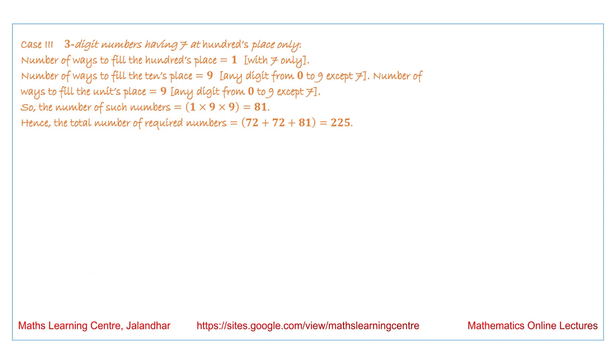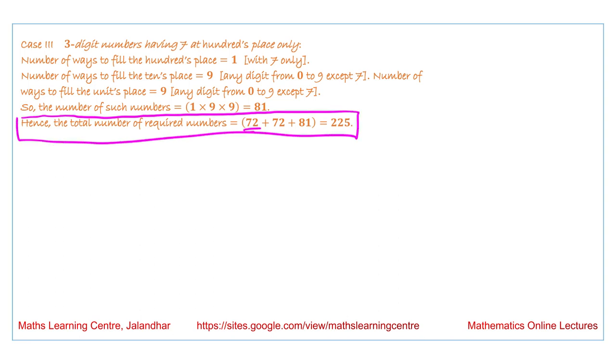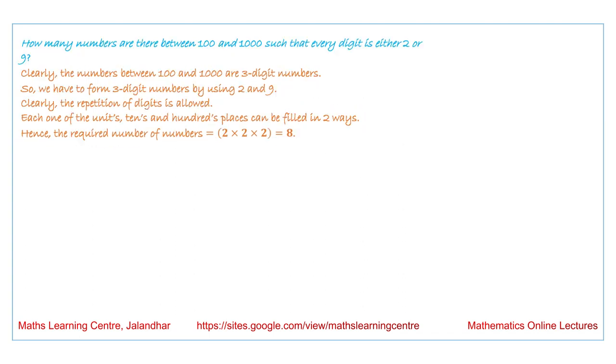So we are saying that the total number of required numbers is equal to those which have 7 at the units place, those which have 7 at the tens place, and those which have 7 at the hundreds place. The sum of all these values comes out to be 225. So this is the required answer.